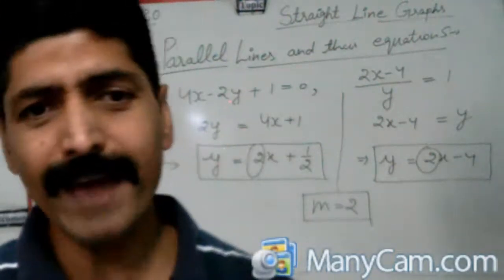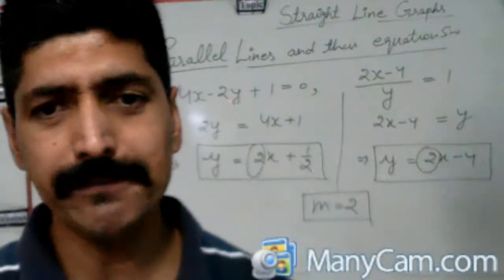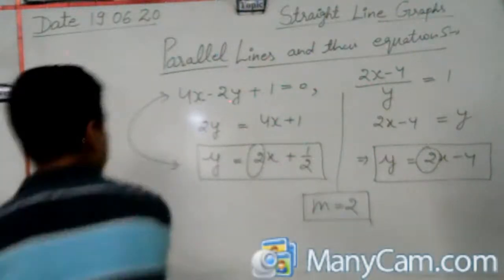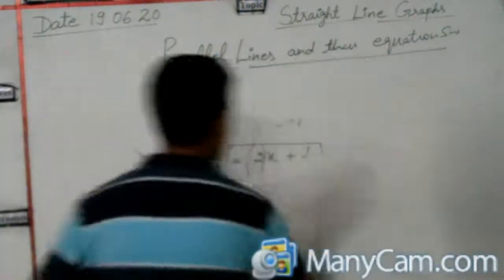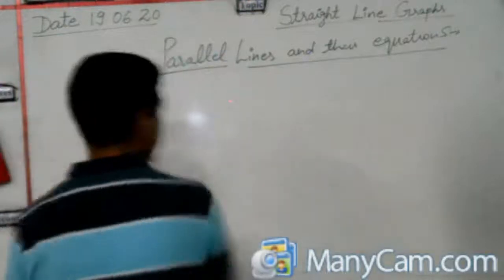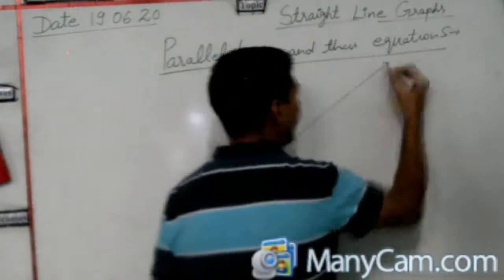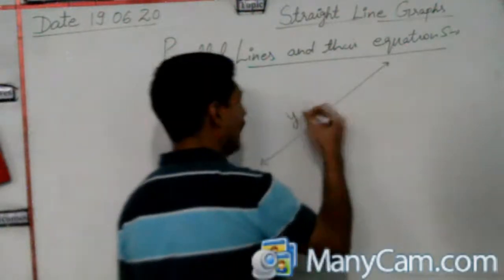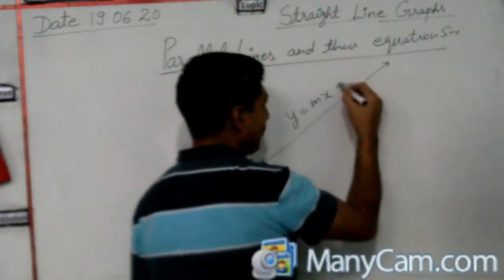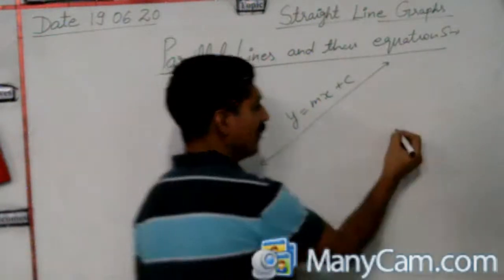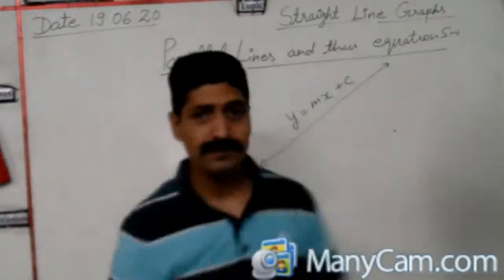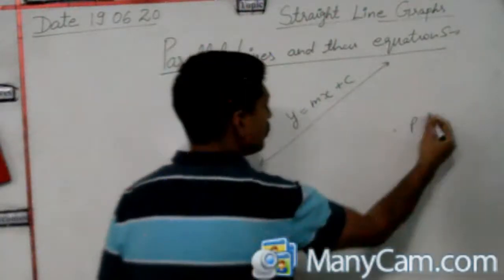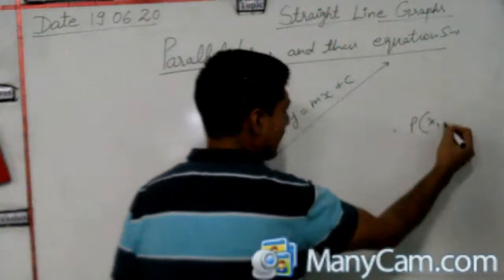Now if we have the equation of one line and we have to find the equation of another line, we have one line given, its equation is y = mx + c, and we have one more point P anywhere, here at this point (x1, y1).